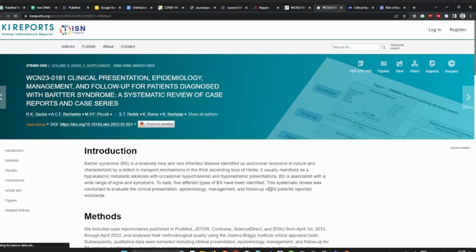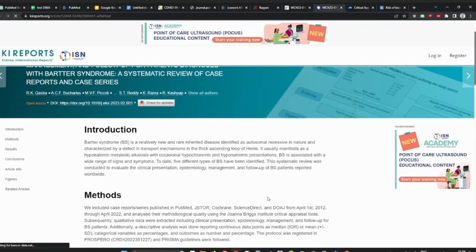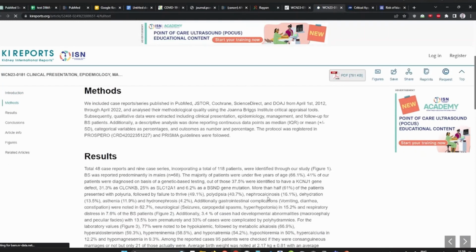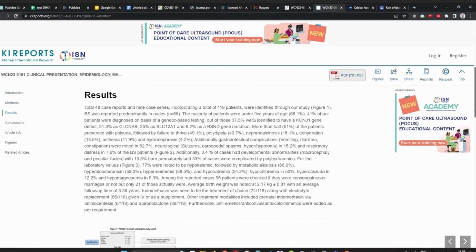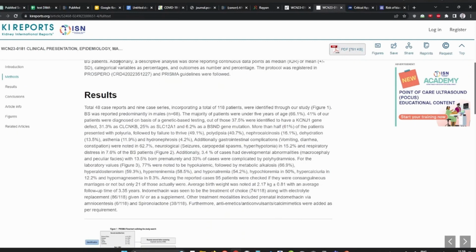This is an abstract of the papers recently published. So in the data extraction phase, I will extract that particular data which I will need to answer this particular question.